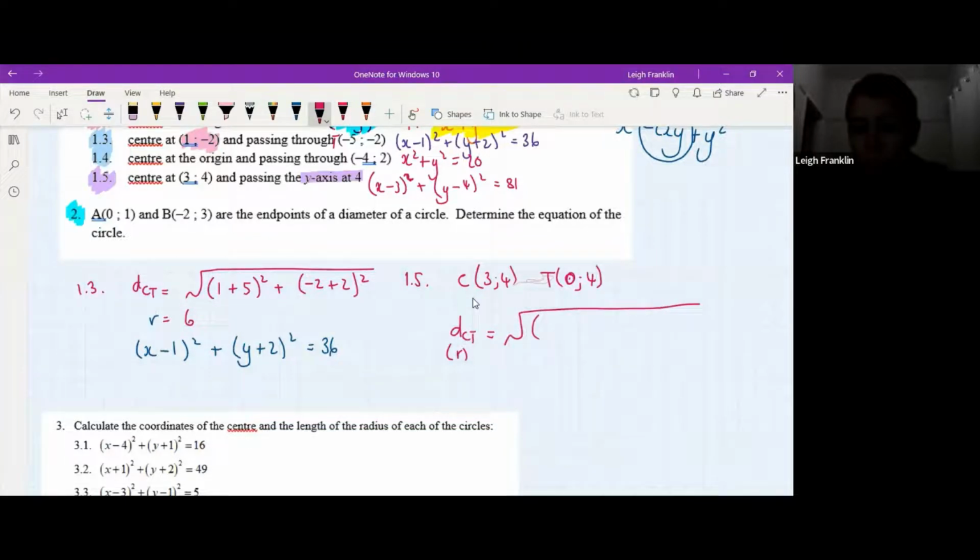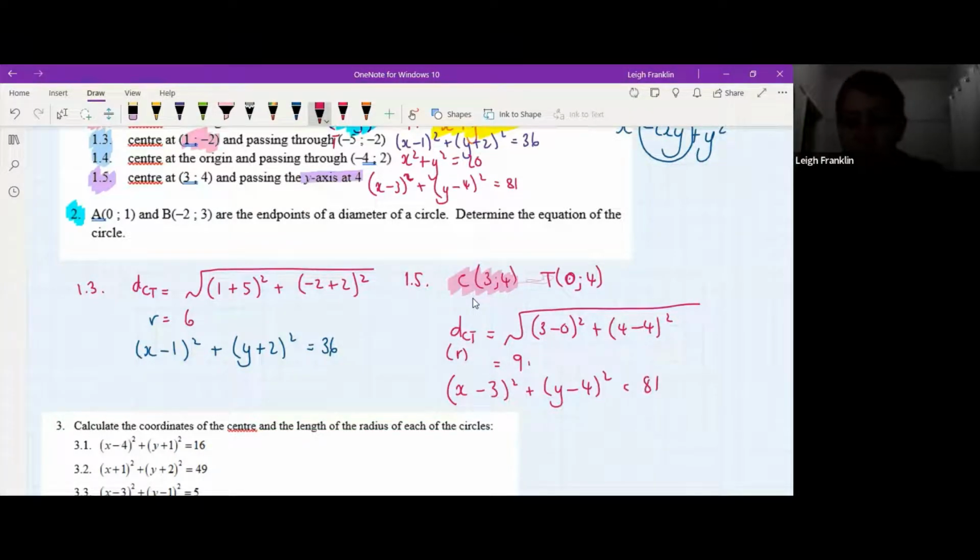The change in x's, 3 minus 0 squared, plus the change in y's, 4 minus 4 squared, gave me a radius of 9. When it came to writing the equation of a circle, remember the coordinates at C were the coordinates of the center. So that's why I went (x - 3)² + (y - 4)² is equal to r². So if r is 9, then 9 times 9 is 81.